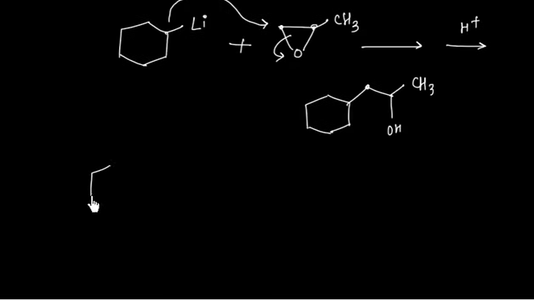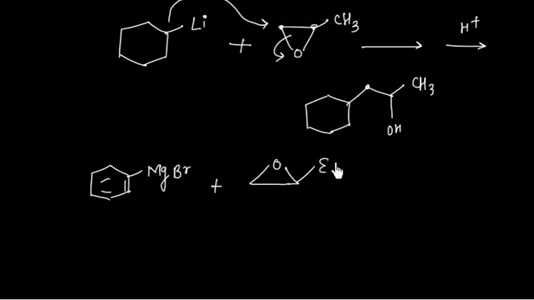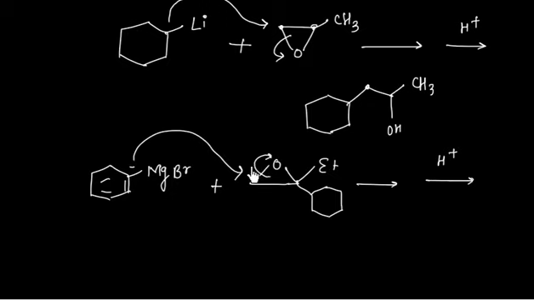Now let us say I have this MgBr and on this side we have an epoxide. After acidification, what will be the final product? Once again, this nucleophile will attack on the less hindered side, and open this side.